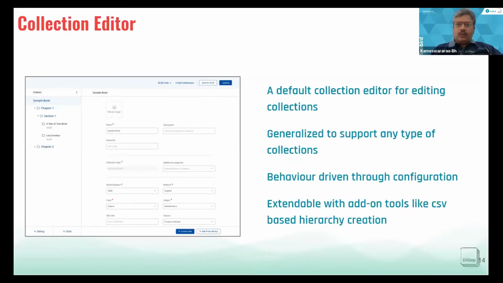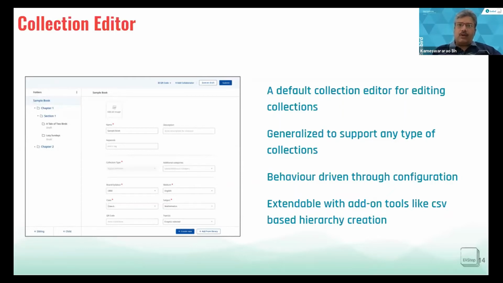For example, we have a collection editor by default, which comes as part of Sunbird. It's a generalized editor which can be used to create any type of collection objects, right? The editor doesn't know whether it's a textbook or a course or some other collection. It just knows it's a collection.